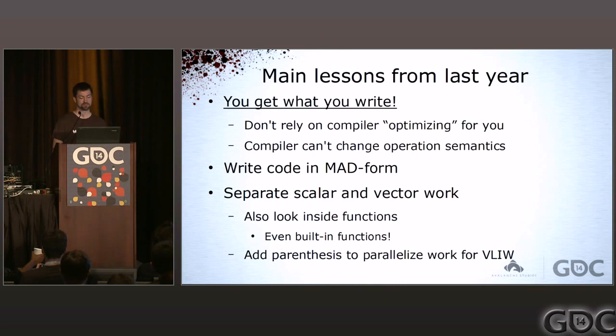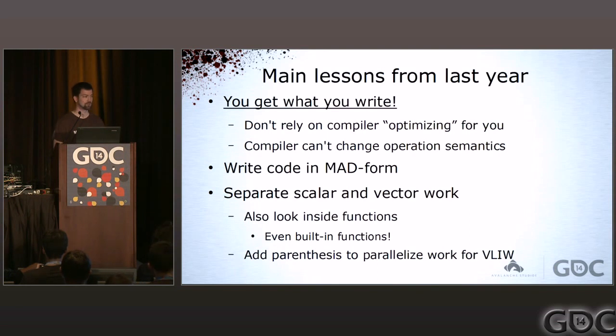Another lesson is that you should separate scalar and vector work, because all hardware is more or less based on scalar, or some are VLIW architectures that also benefit from this. Actually, even vector architectures usually benefit a little bit from separating the scalar and vector work, because you can parallelize things, put things into different lanes, even on that hardware.